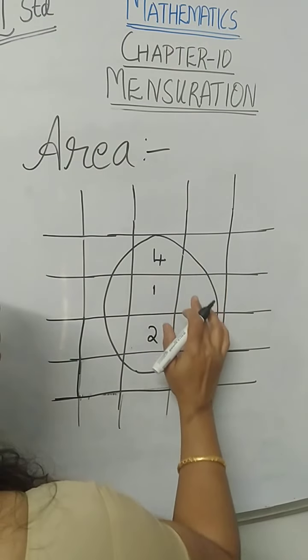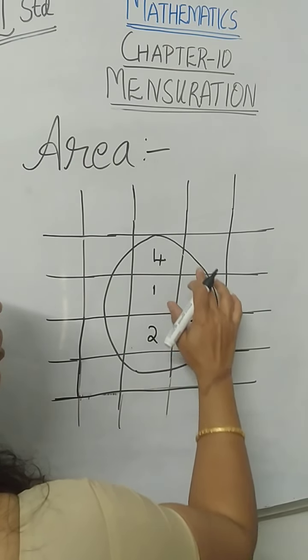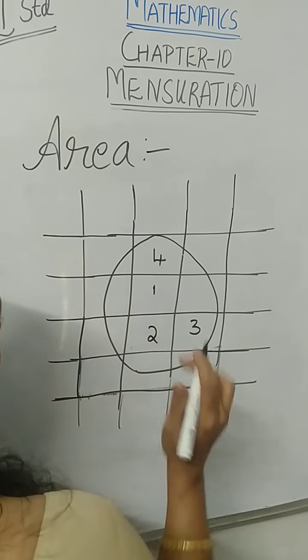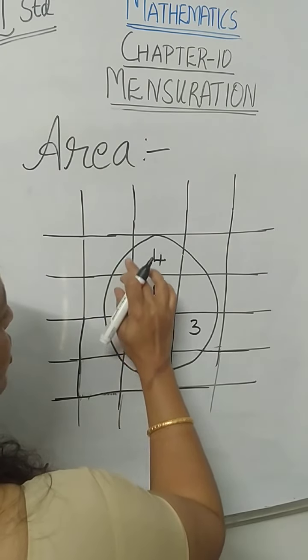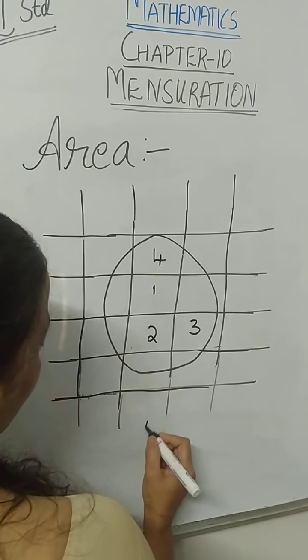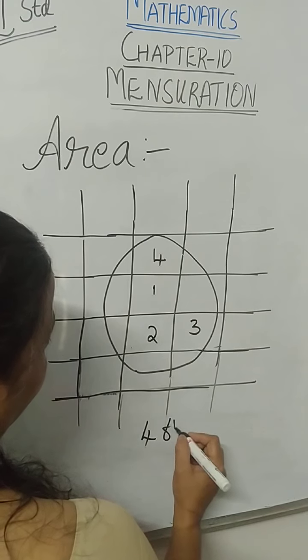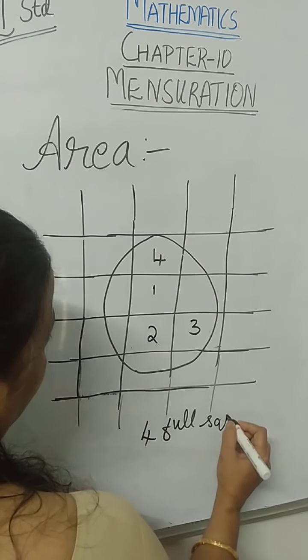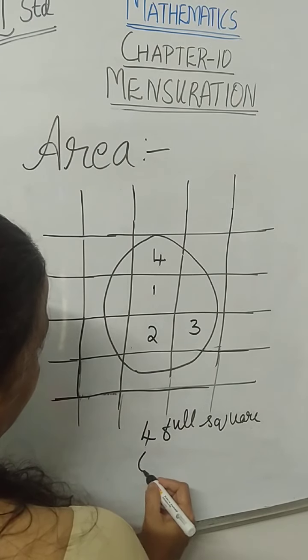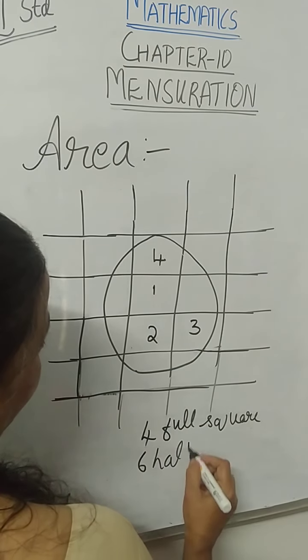The remaining are half squares. 1 here, 2, 3, 4, 5 and 6. This is very small, less than half, so no need to take it. So 4 full squares, and it has got 6 half squares.